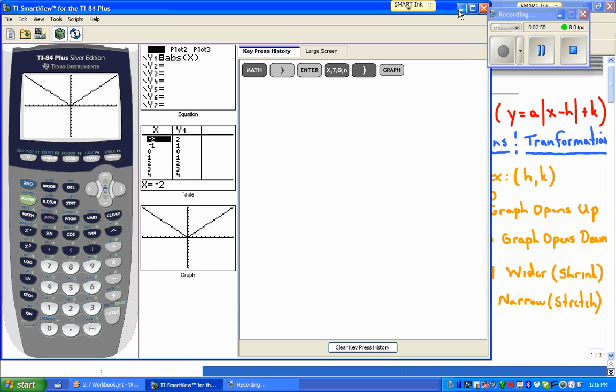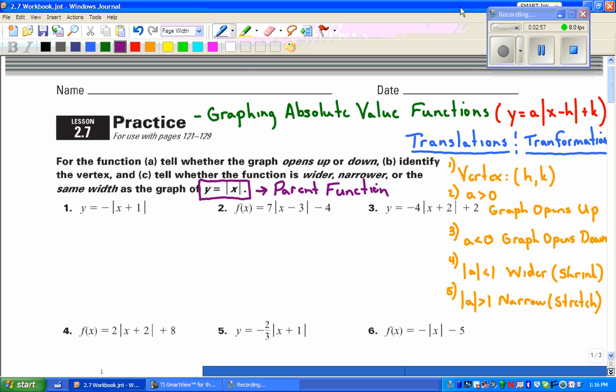Now, here's what happens. We may have something like this: y is equal to negative, and then you have x plus 1 inside the absolute value. What we want to look at is this number right here, which we know is a -1, and that falls in the a value. So we have a is equal to -1.